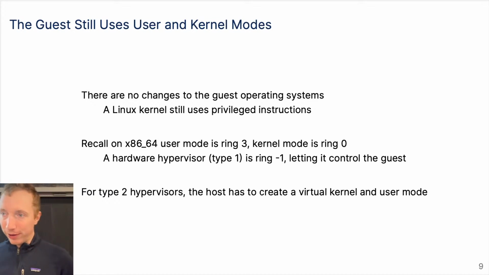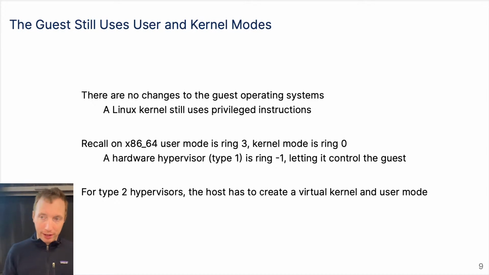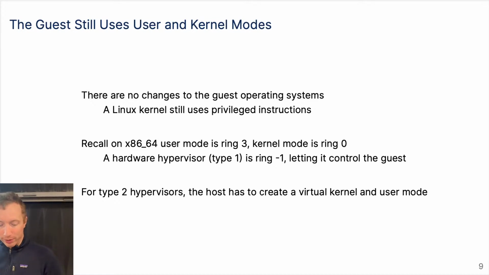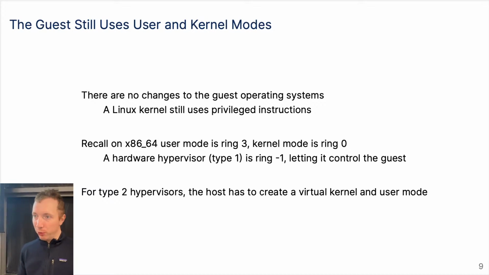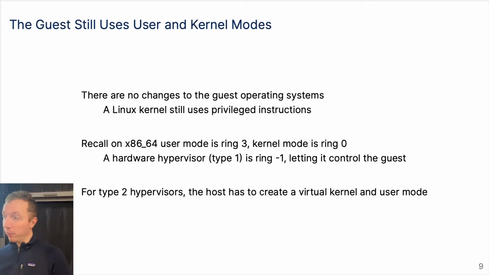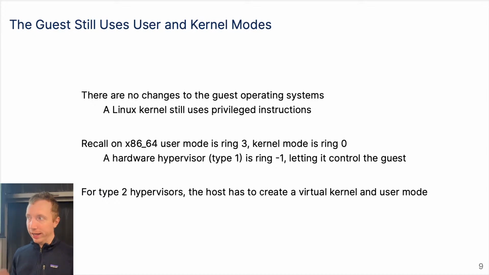So remember on x86, user mode ran in something called ring 3, and kernel mode was in ring 0. Well, this is how you can tell how old x86 is. Hypervisors are a fairly new-ish thing. So hardware hypervisor support on x86, like type 1, is called ring -1, because they obviously ran out of normal numbers.